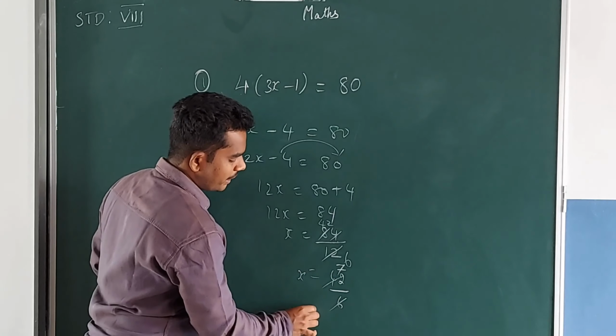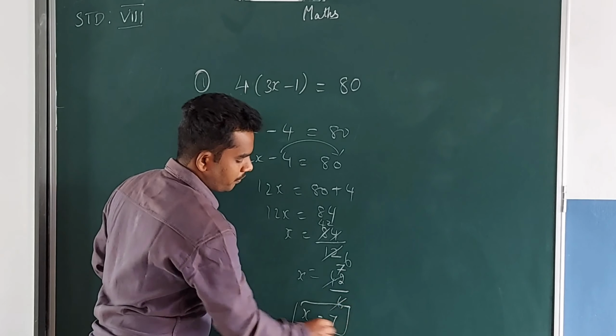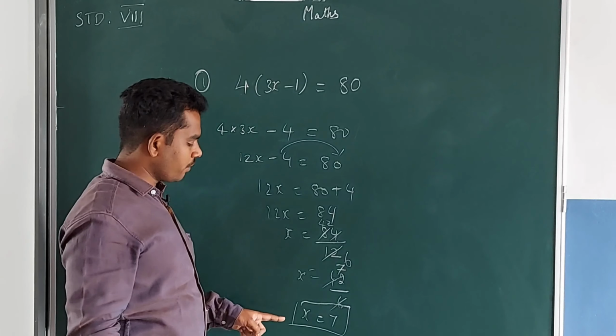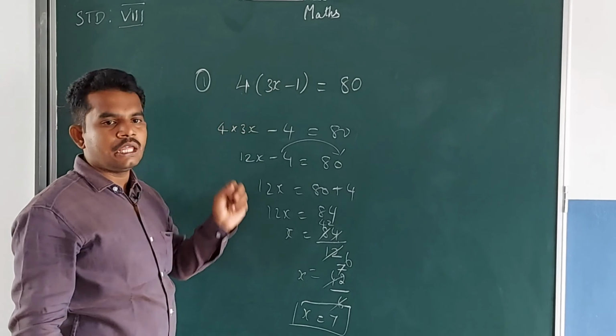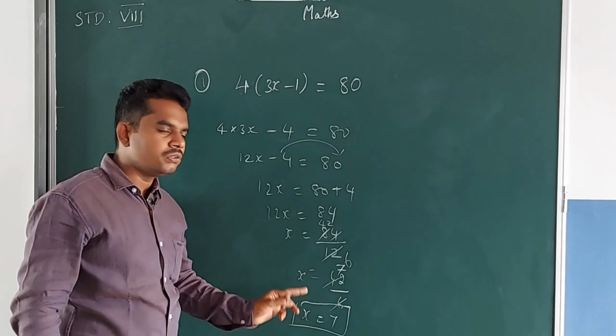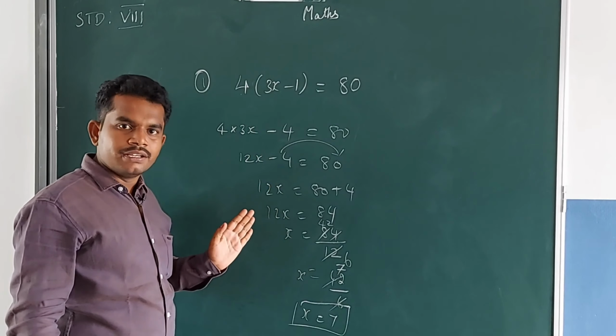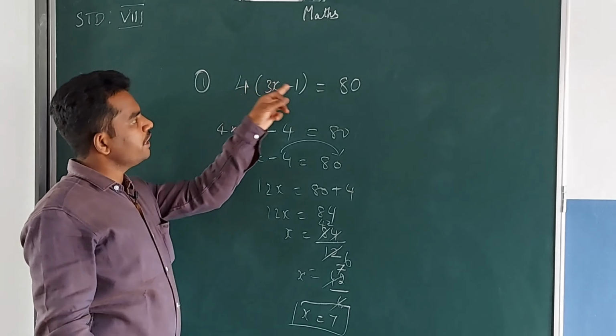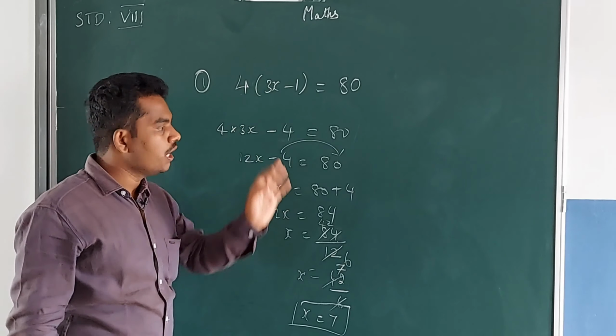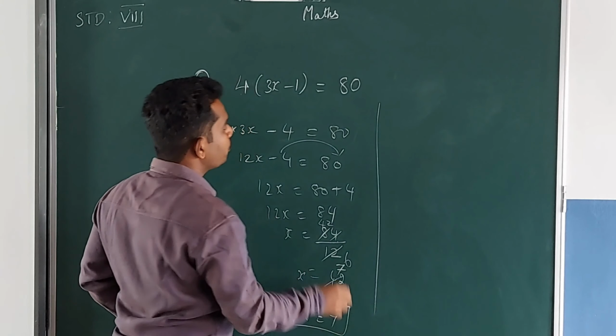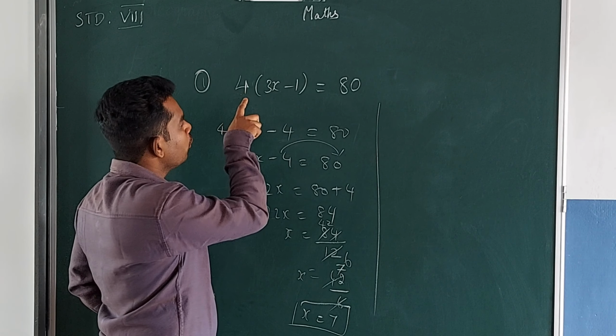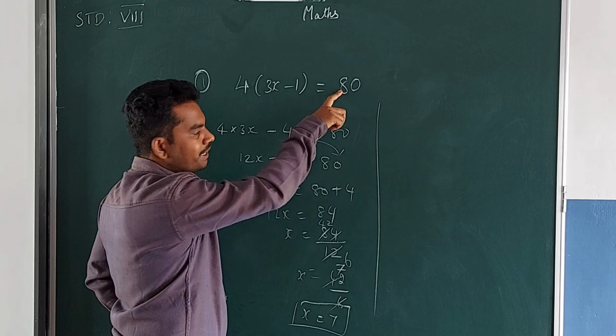So x equal to 7. So solution for this linear equation is x equal to 7. This is one method, the traditional method, 4 into 3x, 4 into minus 1. Another method is, I already told, 4 is in the multiplication, 4 goes to that side.